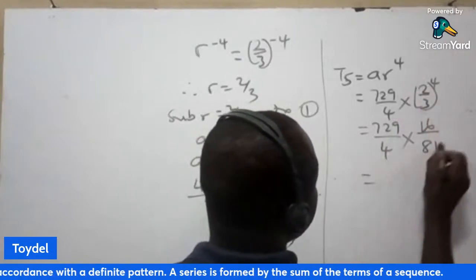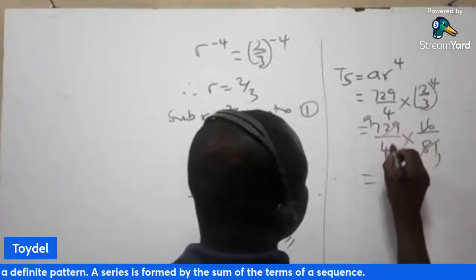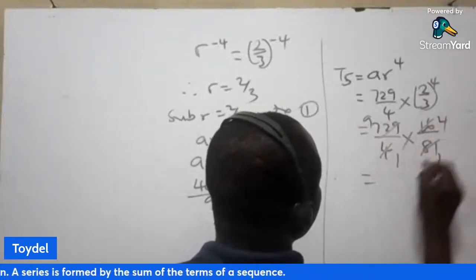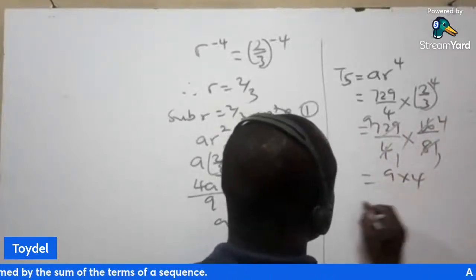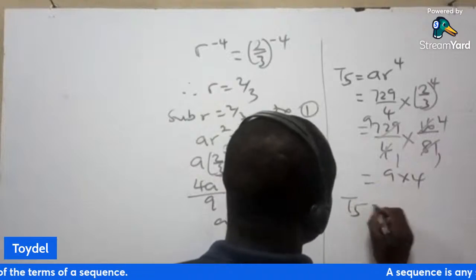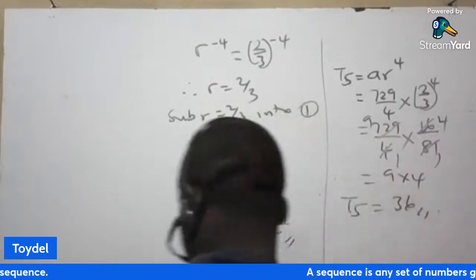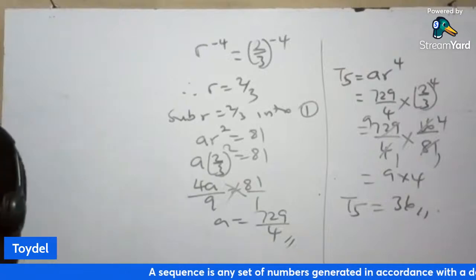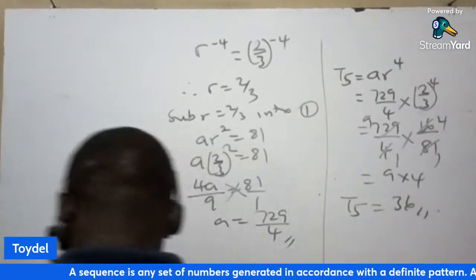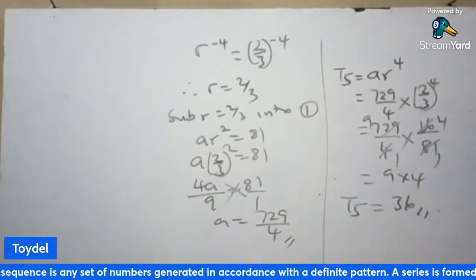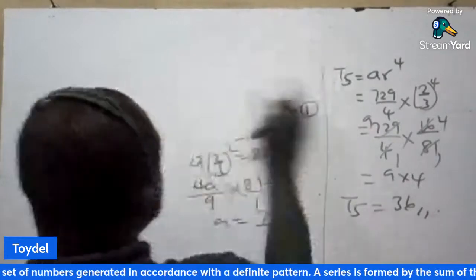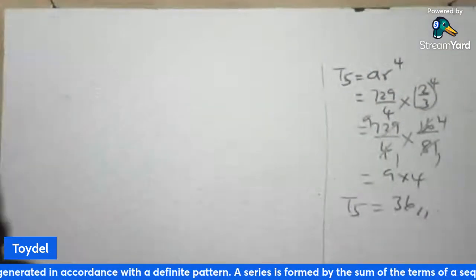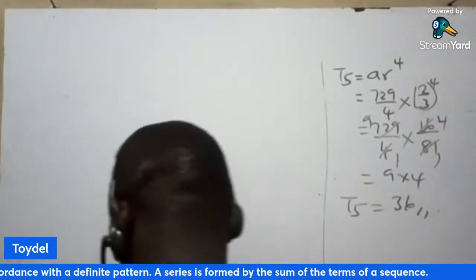So here I'm going to have 81 here 1, 81 here 9, 4 here 1, 4 here 4. I'm going to have 9 times 4. So the fifth term, T5, is equal to 36. And that is what we are going to get. So we take one more example on this, and I will introduce geometric mean.